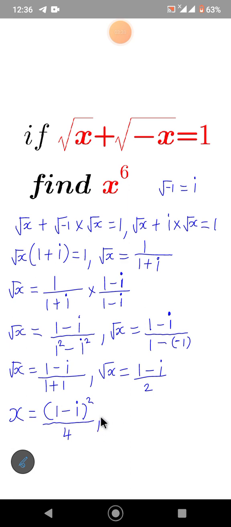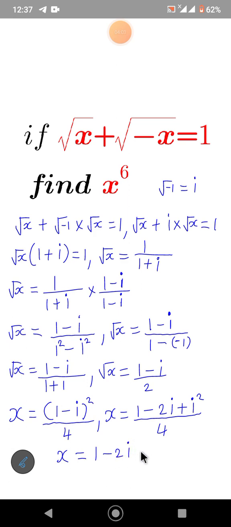Now I'm going to expand this bracket here. So we say x will be equal to 1, then here will be minus 2i, then plus i squared, all over 4. Then x will now become equal to again 1 minus 2i plus i squared is what?